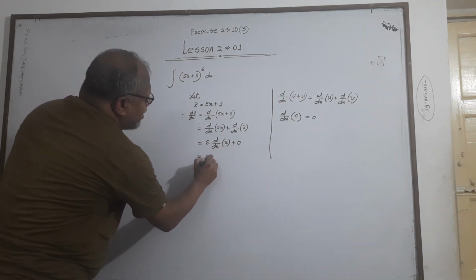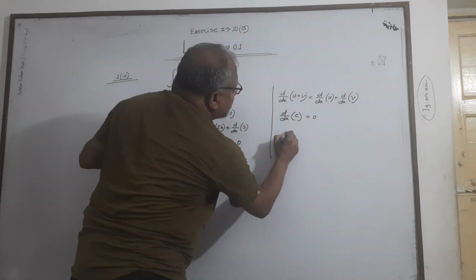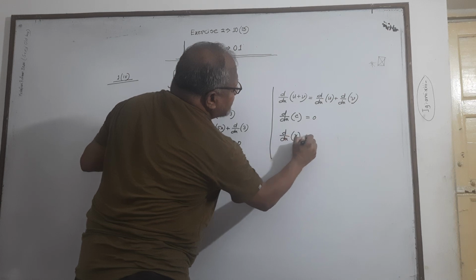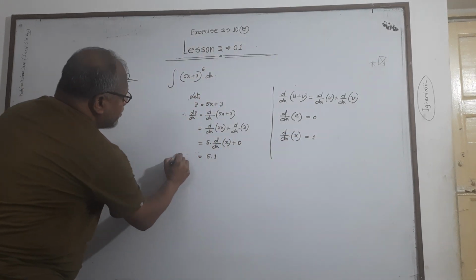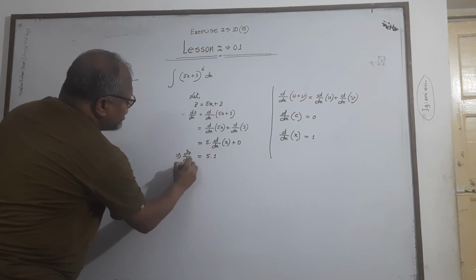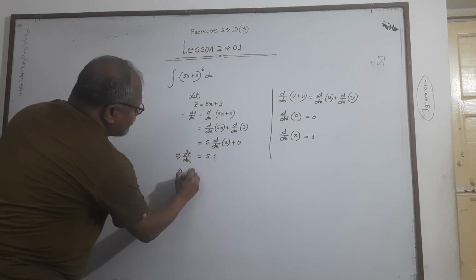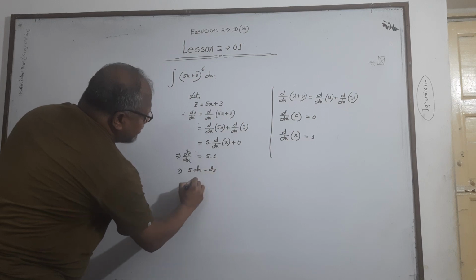And here 5 into d dx of x equal to 1, as I mentioned before d dx of x is equal to 1. So I can write d dx of z is equal to 5, or 5 dx equal to dz.